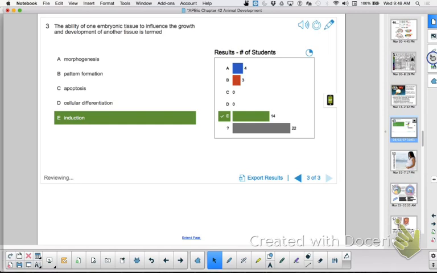Do you see that? Okay, morphogenesis is the end product, right? The development that we're trying to get. But the ability to apply peer pressure, one cell to another, that's induction. What do they apply that peer pressure with? They apply it with morphogens. What process do they get to happen? Morphogenesis.